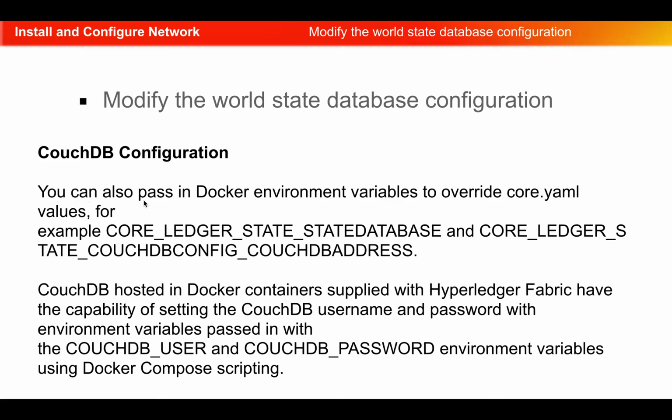The other way of modifying the world state database without core.yaml is using Docker environment variables. Docker environment variables will override whatever default values you have given in core.yaml.